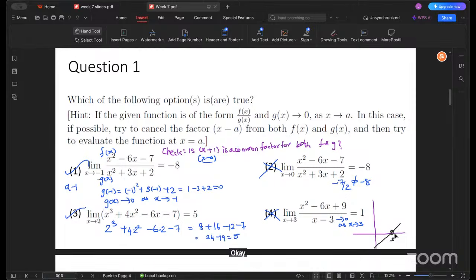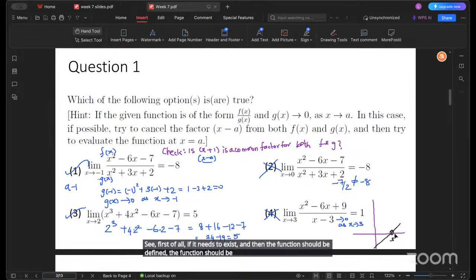So we can say that if the LHL is equal to RHL, the limit exists. First of all, the limit needs to exist, and then the function should be defined. The function should be continuous. Then only we can talk about differentiability. But what if the function is continuous, then can we say that the tangent exists?